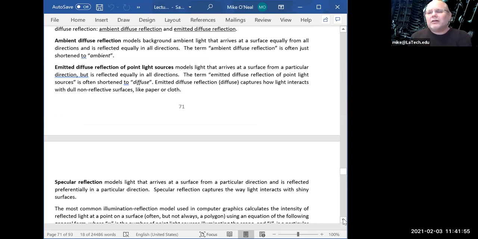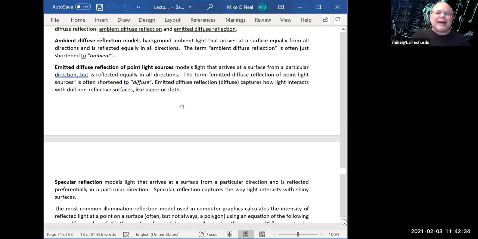So an illumination reflection model, or sometimes I just shorten it and say an illumination model, is really both. It's computing how much light arrives at an object, but what we're really interested in is how much is reflected. So sometimes people just call it a reflection model, because you wouldn't see it without the level of intensity that's reflected at that point. So that's why we call it a reflection model.